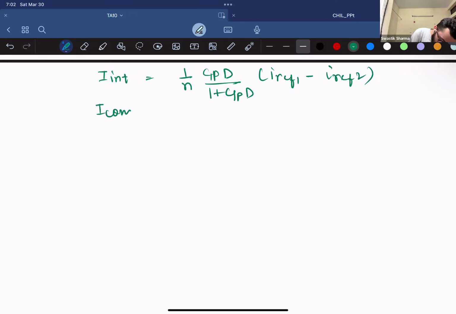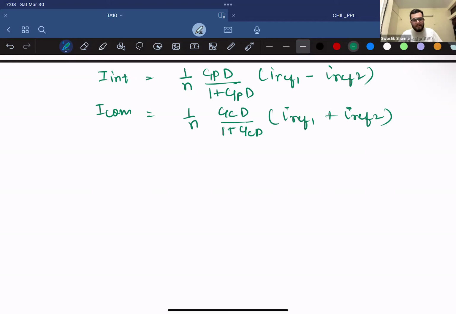Your common current came out to be Gc d upon 1 plus Gc d, times IREF1 plus IREF2. So you can easily see that your interactive current contains the difference of your reference current for inverter 1 and inverter 2, and your common current was basically the addition of both.